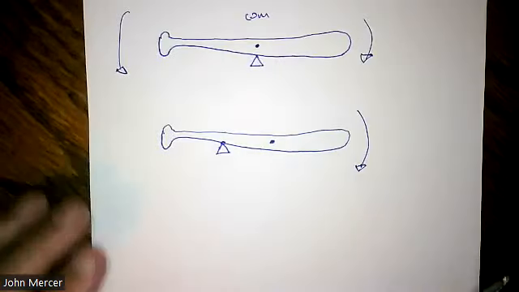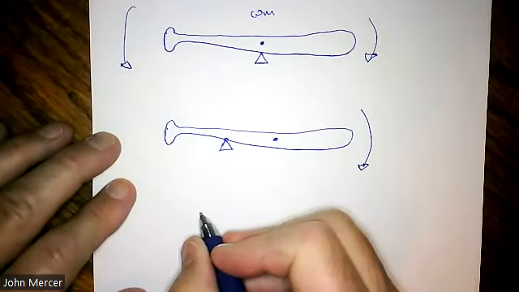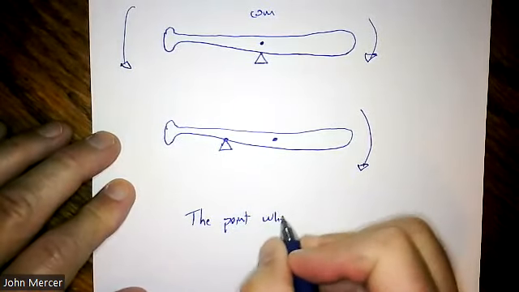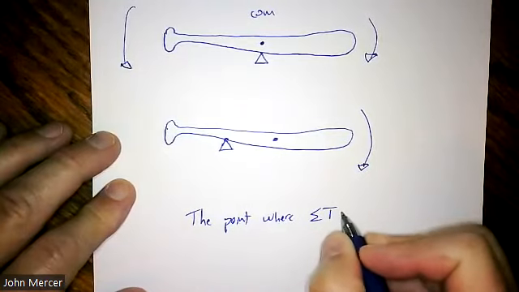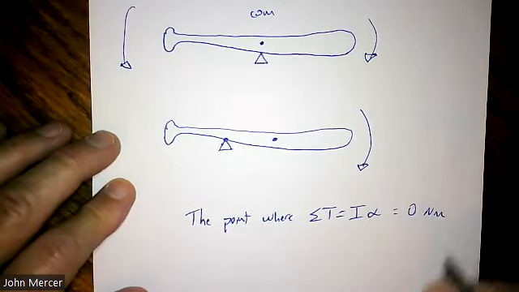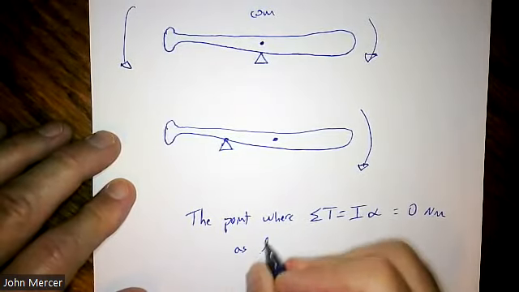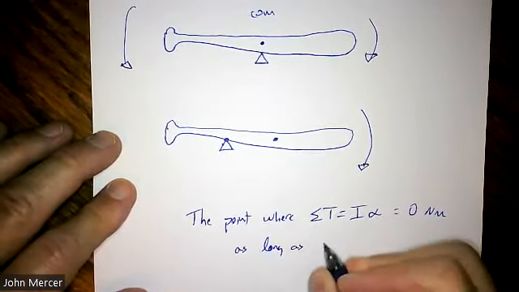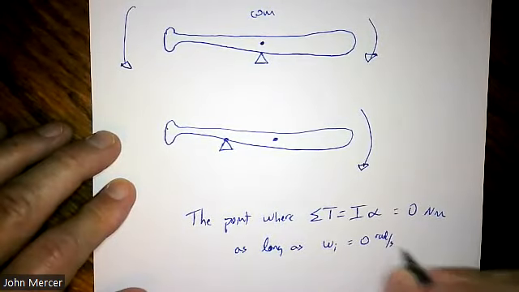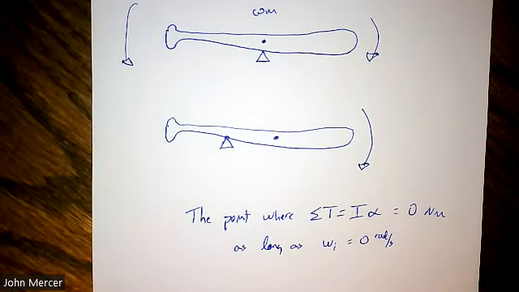Another way to think about center of mass is that it's the point where the sum of torques, which equals I alpha, is 0 newton meters, as long as we are dealing with an initial angular velocity of 0. I'll use radians per second, though I could put degrees per second, it doesn't matter.